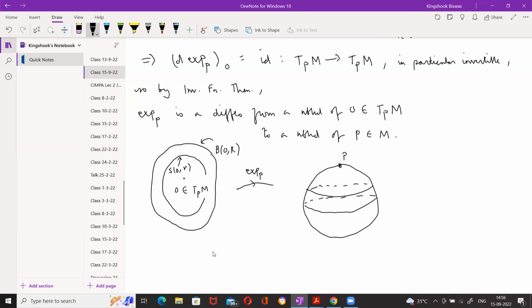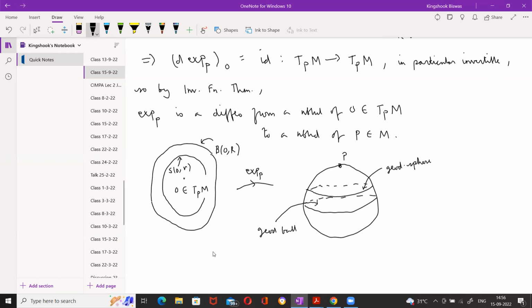So this thing here will be a geodesic sphere, and this ball here will be a geodesic ball. Is the picture clear? Yes, sir.